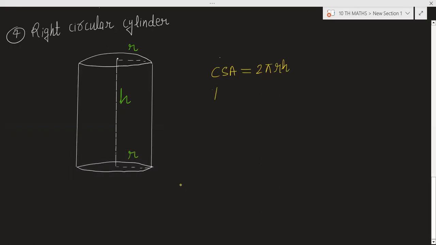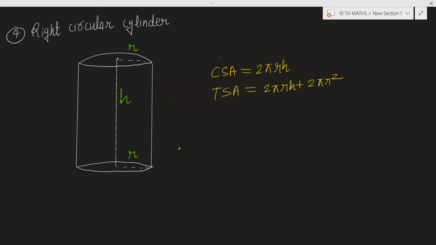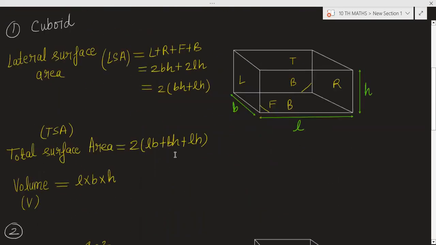So total surface area will be curved surface area, that is 2 pi rh, plus this area pi r square, and this will be pi r square. Pi r square plus pi r square, 2 pi r square. And volume of the cylinder is given by pi r square into h. Write down.